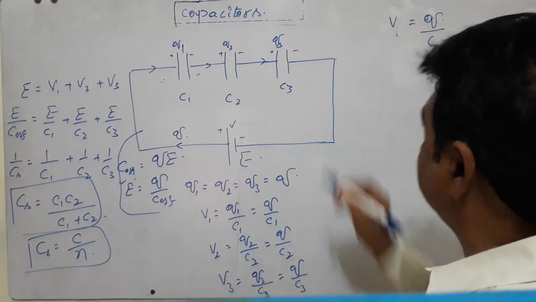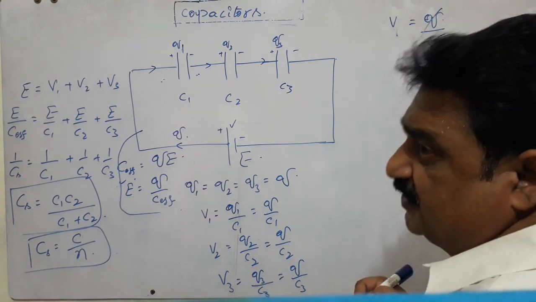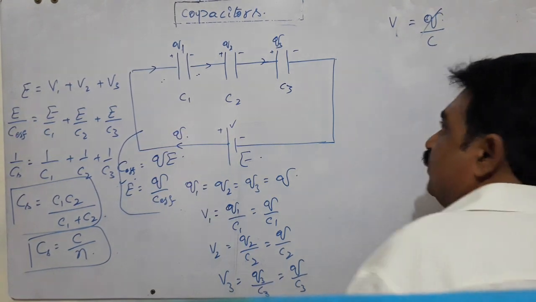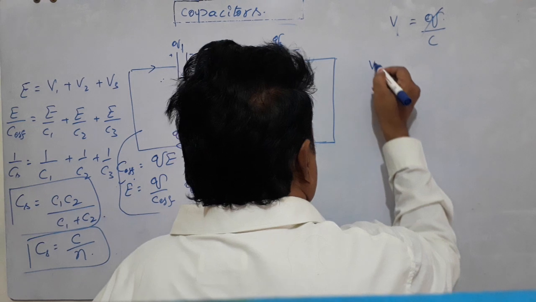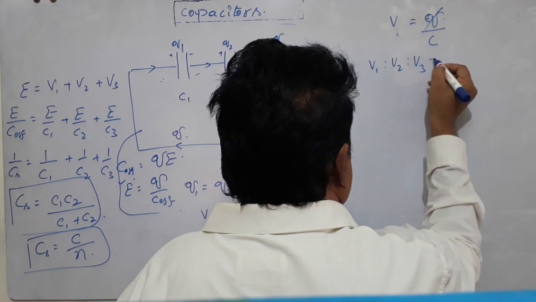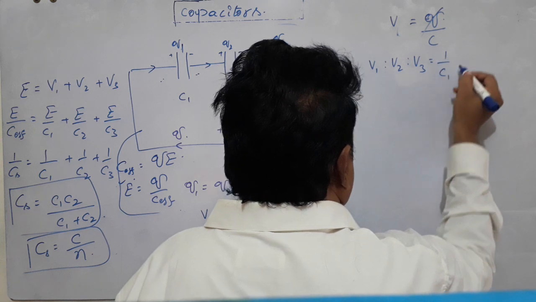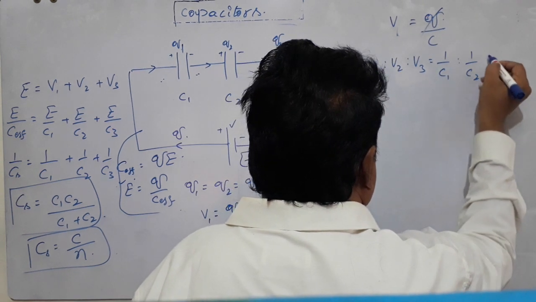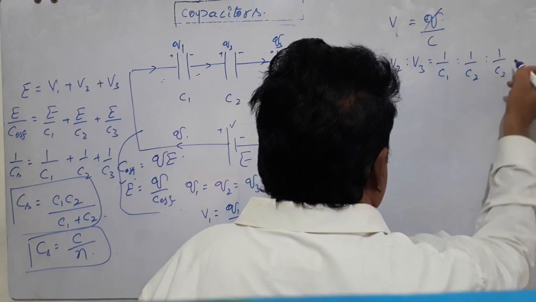In series combination, Q is a constant, so you can take V1 is to V2 is to V3 is equal to 1 by C1 is to 1 by C2 is to 1 by C3, and so on.